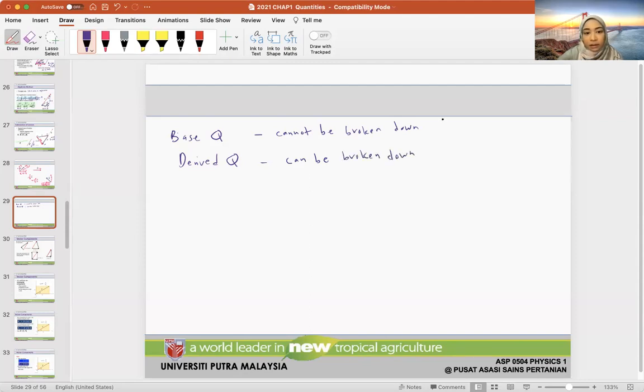And then you have to remember what is base quantities, which is length, is in meter. You have to remember the quantity and also the SI unit. So we have length, we have time. We also have candela, which is light luminosity. Okay, all those things, please go back to the video. And then this one can be broken down such as speed, distance over time, and so on.